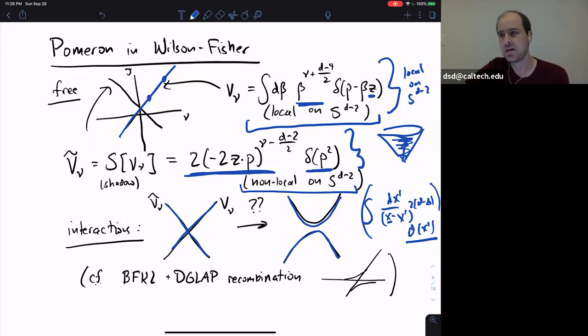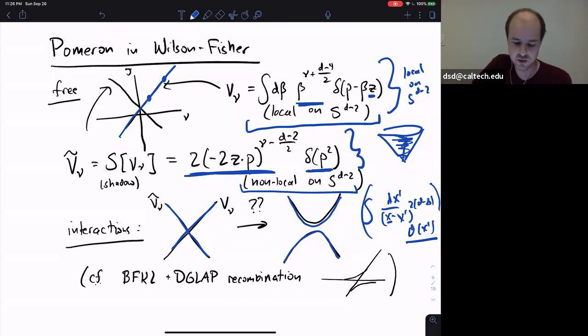The idea is that Reggeized trajectories should not cross because interactions should cause some kind of level repulsion. But this is not a theorem because there's no Hilbert space and Hamiltonian that makes this level repulsion idea precise, as far as I know. But that's the folklore, and indeed we'll see this happening in our example. But this presents a puzzle, and this puzzle is related to the thing I was talking about before with light cones versus light rays.